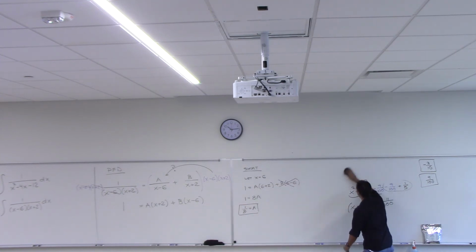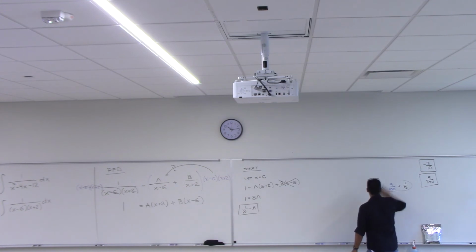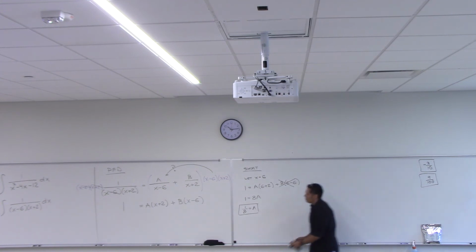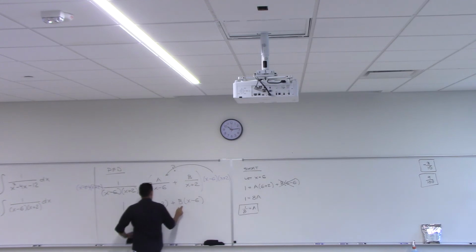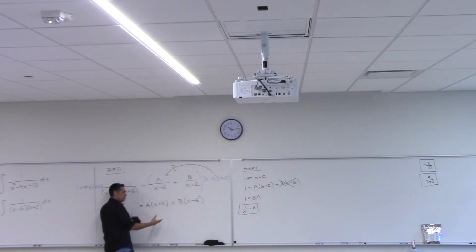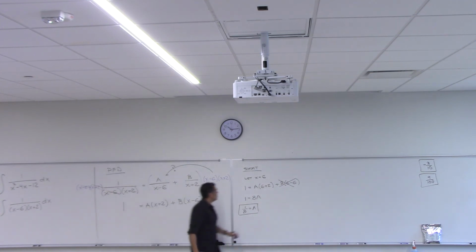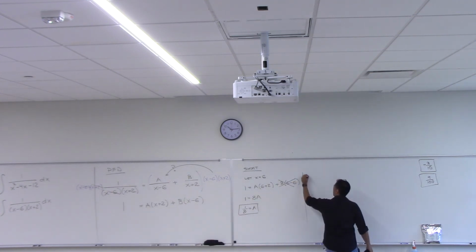Now let's do the same thing and figure out what b is. So I want to know what b is. How can I do this same procedure here? Let x be -2, and that'll kill this off. So I'm going to now say, let x be -2.